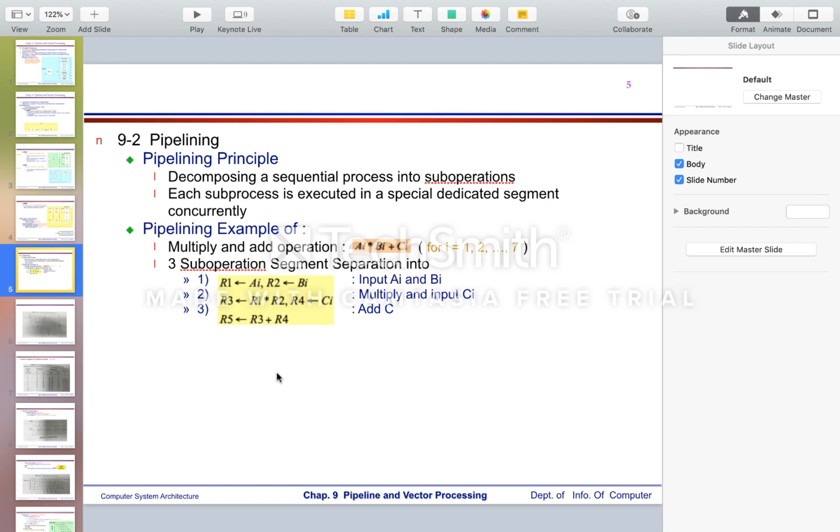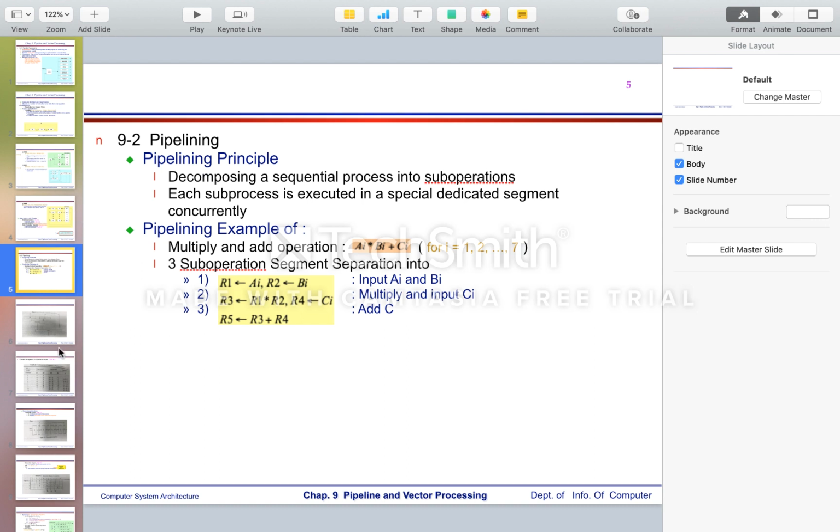What are those three segments? First, input Ai and Bi into R1 and R2. Then perform R1 times R2 and store in R3, and Ci is stored in R4. The last segment is to perform addition of R3 and R4 and store the result into R5.